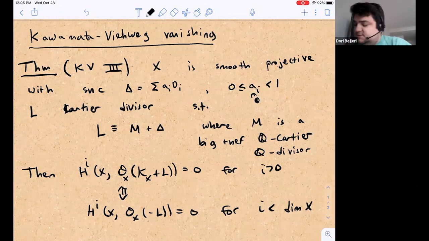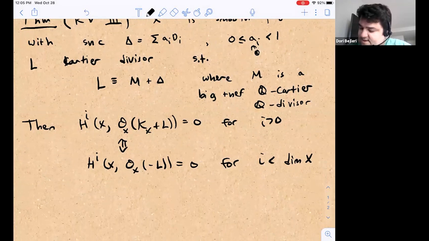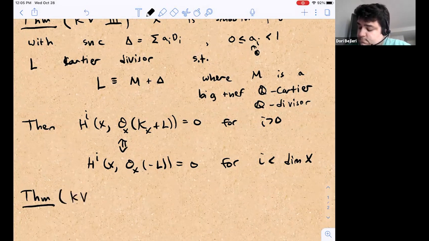I want to rephrase KV3 in a way that often comes up in the proofs that we're going to do of the cone theorem and the contraction theorem and stuff. Let me just call this KV3 prime, because it's really the same thing, just slightly rephrased.